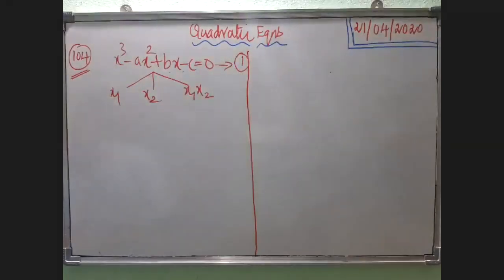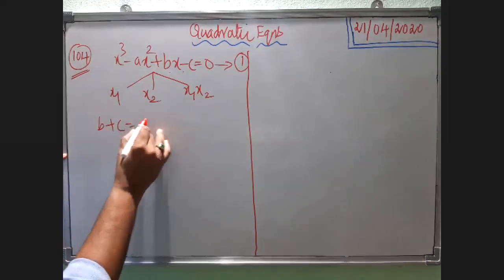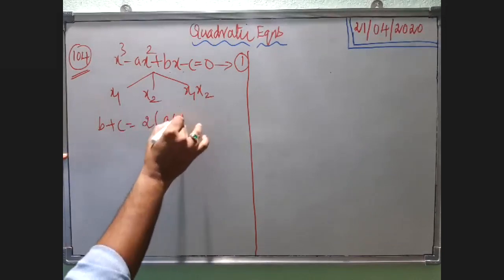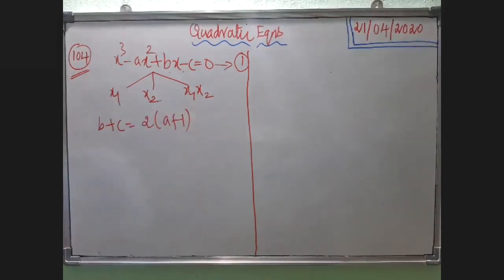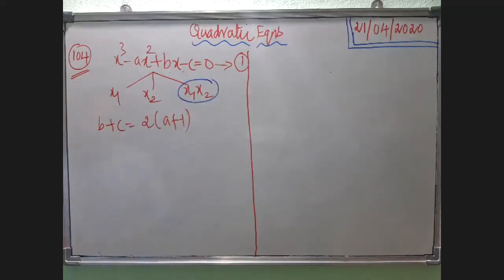And one more condition he gave: b plus c is equal to 2 times of a plus 1. We have to find the value of x1 x2, that is, we have to find out the root, I mean to say gamma. So this is the given question.